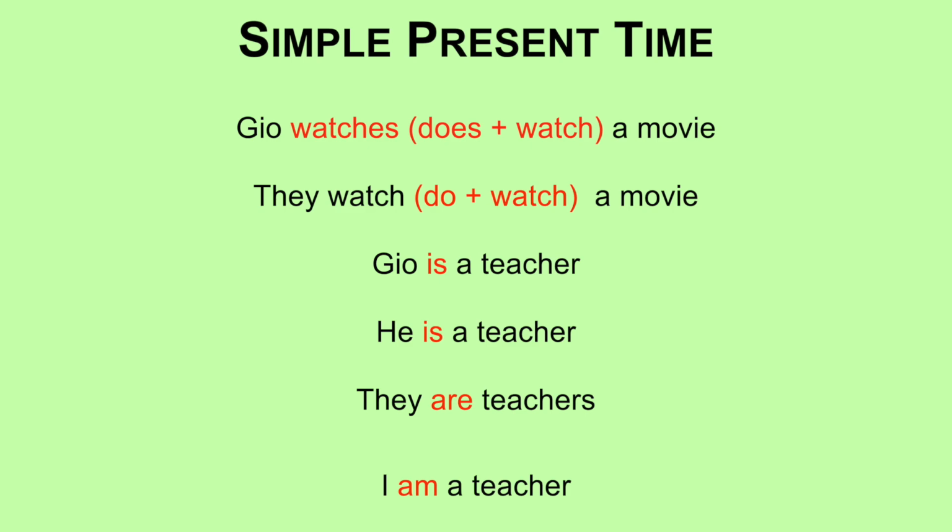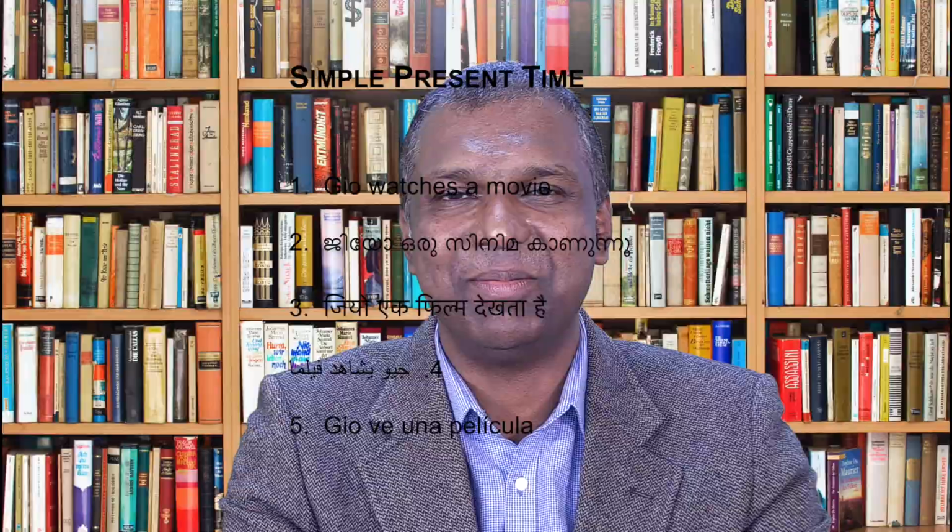They watch a movie. If you look into are: Gio is a teacher, he is a teacher, they are teachers. What is the meaning of simple present time?